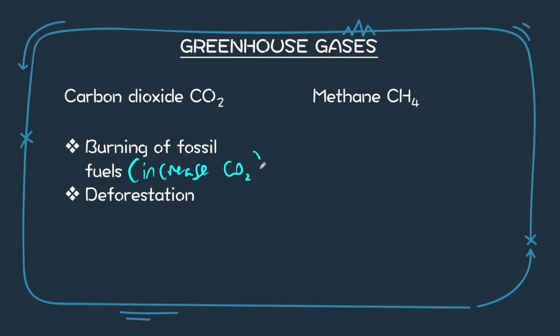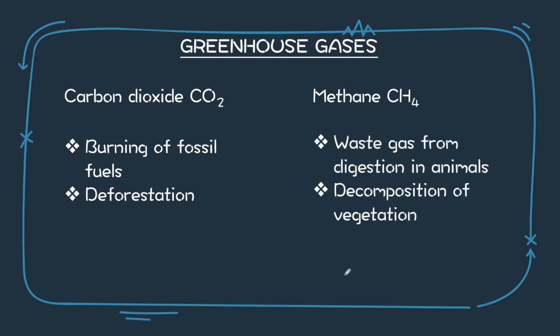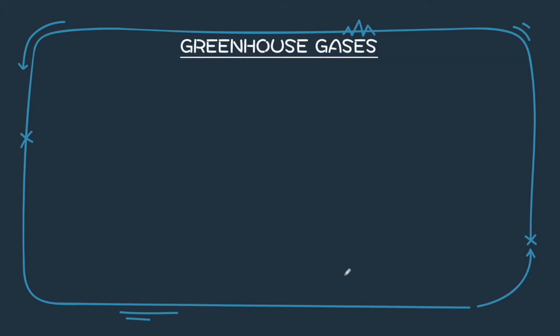While for deforestation, we know that plants take in CO2. However, since deforestation happened, there are fewer plants, fewer trees, and the intake of CO2 will reduce, resulting in a net increase in CO2 in our atmosphere. As for methane gas, you must always remember it comes from the waste gas from digestion and also from decomposition of vegetation.